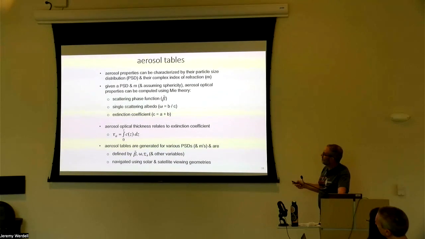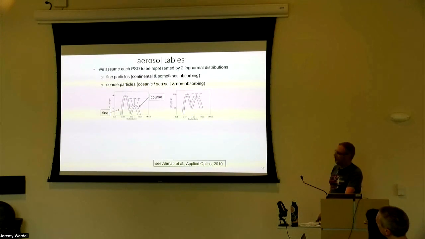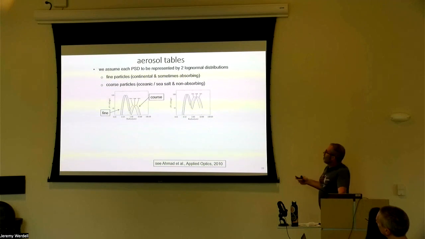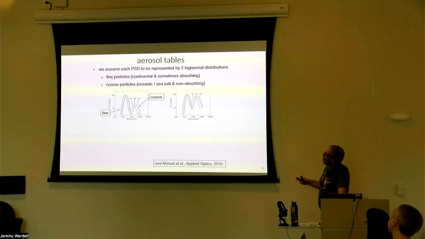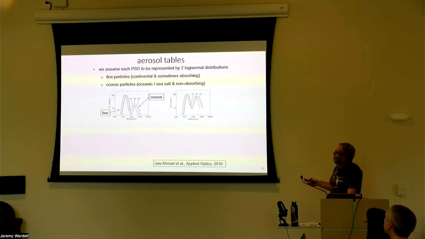So scattering phase function, single scattering albedo, and the conversion of extinction coefficients into an optical thickness. There are a couple of other variables now, and then they become navigated using solar and sensor geometries. The PSD gets a little bit more complicated. Generally speaking, we represent them with two log-normal distributions, one distribution of fine particles, another of coarse particles. So you would basically have different mixtures of these represented in your lookup tables.